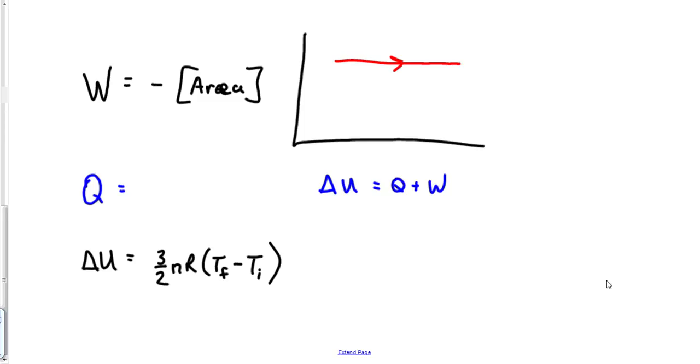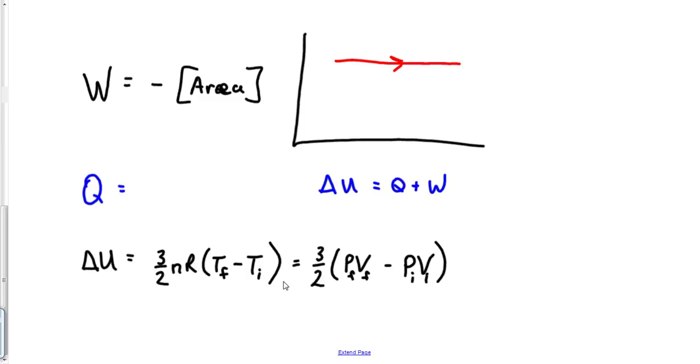But a lot of these problems don't give us temperatures. If they give us temperatures, then cool, we can find delta U this way. But if you remember in chapter 9, PV is equal to nRT. So a lot of the time what we can do is PV finals minus PV initials.